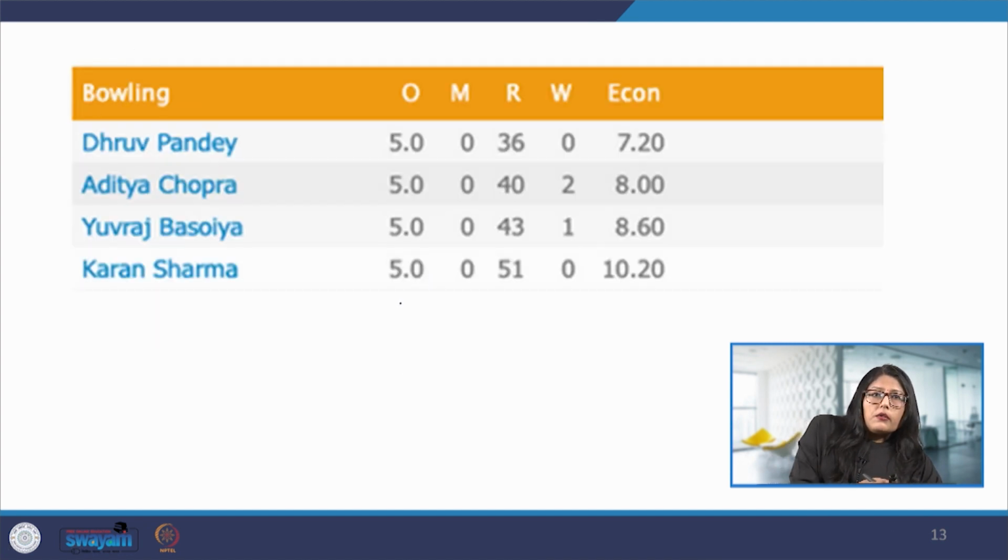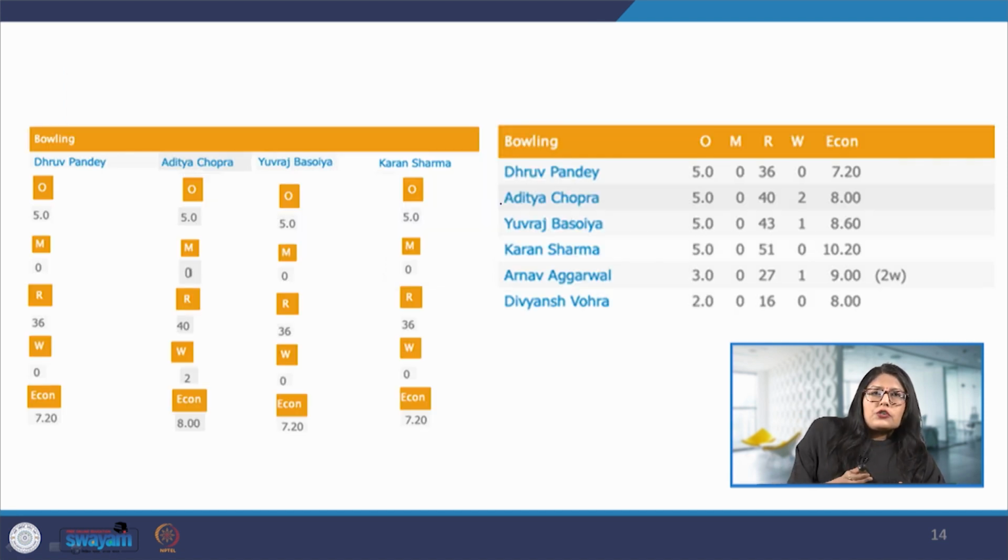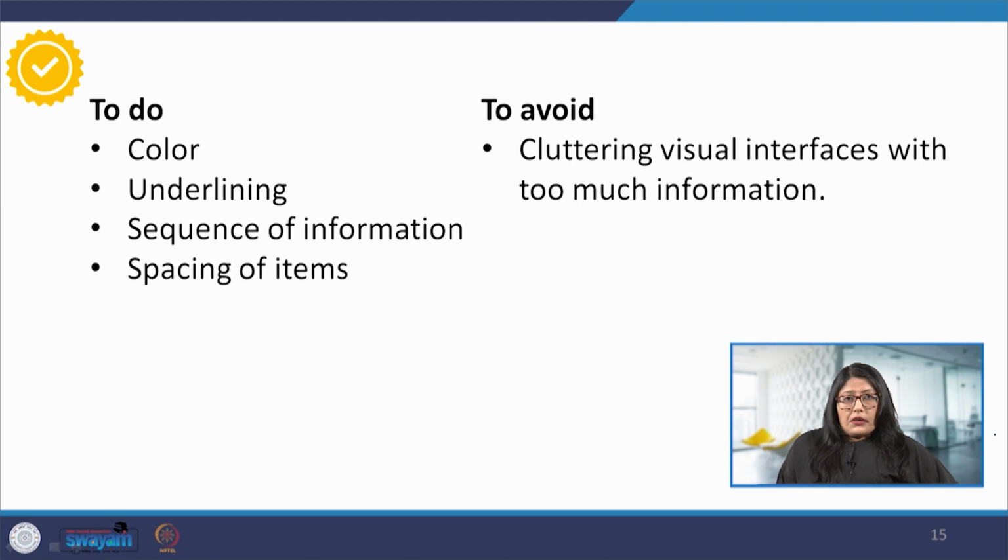But if I show you this particular organization, then we can quickly identify the R here. So this shows how the organization of the elements, like I said earlier, the syntax, how we are organizing this information for the user to be able to quickly get information and be attentive at the same time.